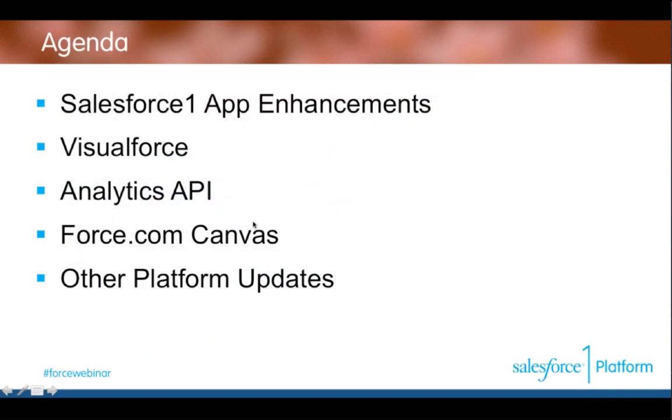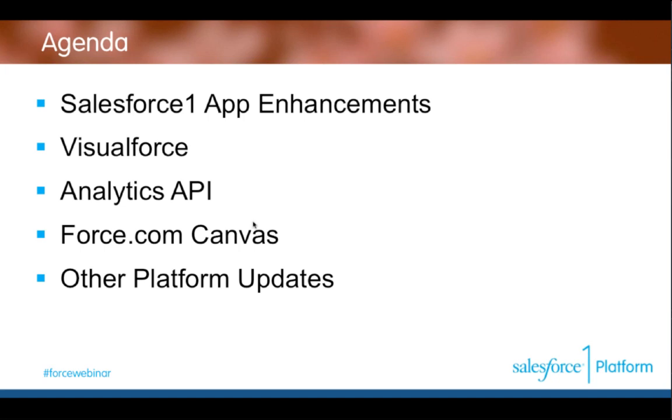All right, so what exactly are we going to be going over today? Well, first off, I'm going to talk about the Salesforce1 mobile application, which was, if you haven't heard about it, recently released at Dreamforce and already iterating with some great new features. Then I'm going to send it over to Dave, and he's going to talk about what's new in the world of Visualforce.